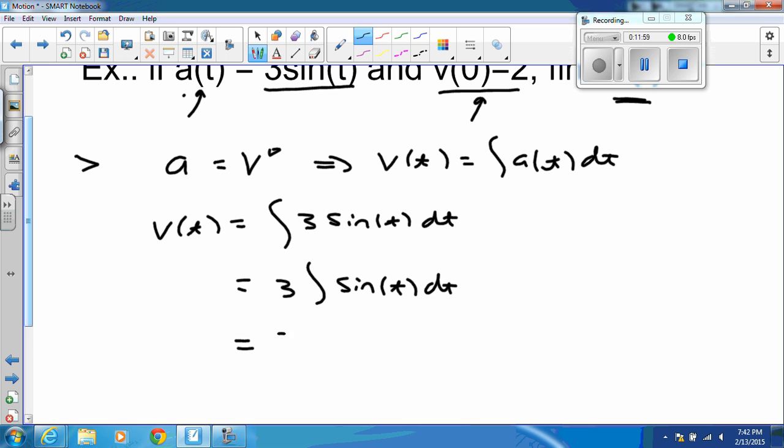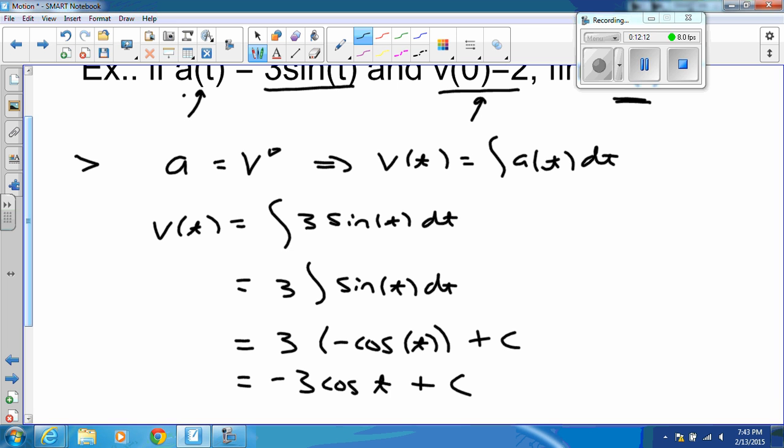And now we can use a little bit of constant multiple rule. Pull our 3 to the outside. And we remember what function has a derivative of sine? Yes, negative cosine, plus c. A little bit of cleanup here, just like that.